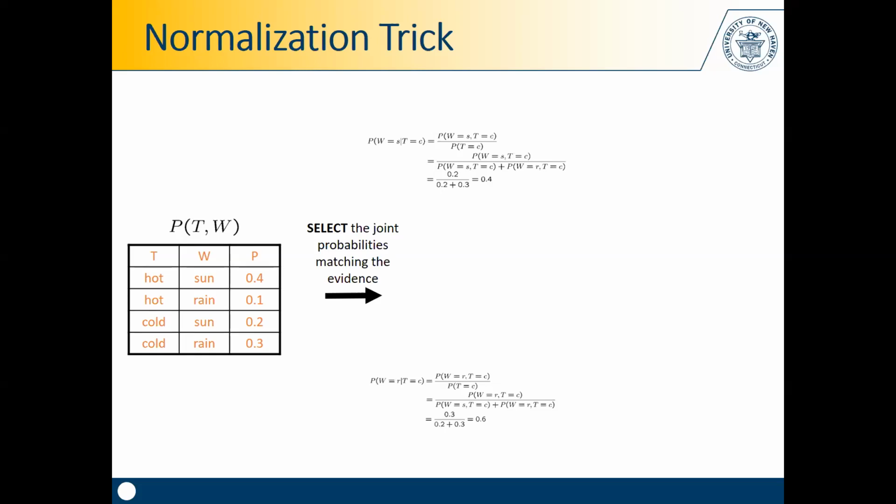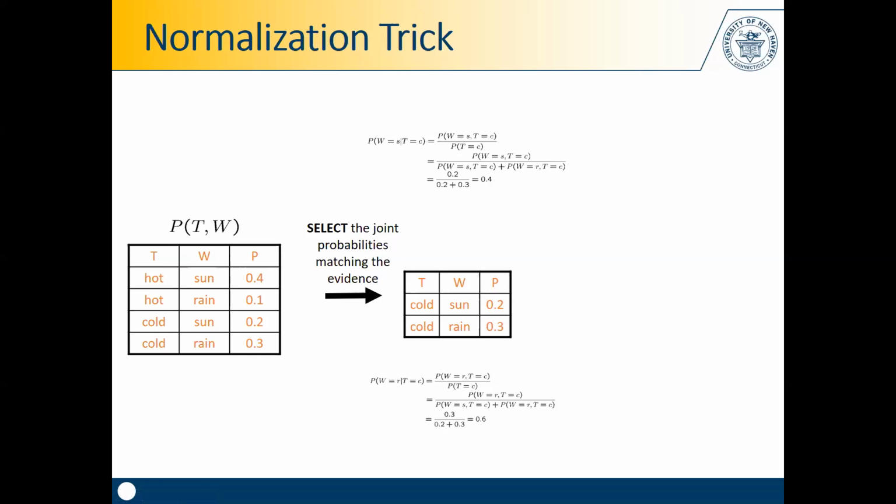Essentially, a process to calculate conditional probability tables starts with selection of joint probabilities matching the evidence. Remember we are calculating the conditional probability distribution of W conditioned on the temperature being cold. So we essentially collapse this table into this table.